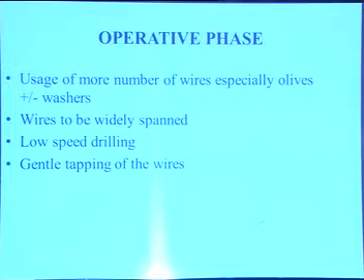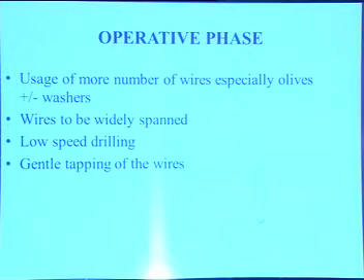Coming to the surgery, the first thing is you have to use more wires instead of shank pins, especially olive wires. Olives can be used with washers, but there is some difficulty in insertion of these washers, and removal is also a problem.